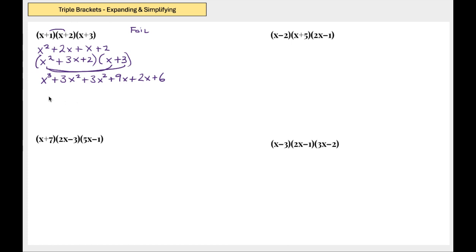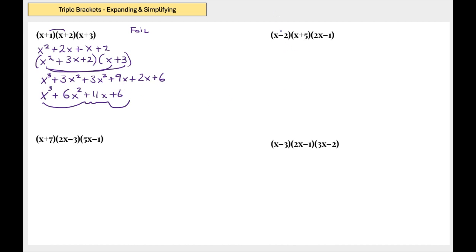Now we're going to simplify it. Now we've expanded it out, so the biggest index number goes at the front. Plus 3x squared plus 3x squared gives us plus 6x squared plus 11x plus 6. So there's our answer. So we've expanded and simplified all those.